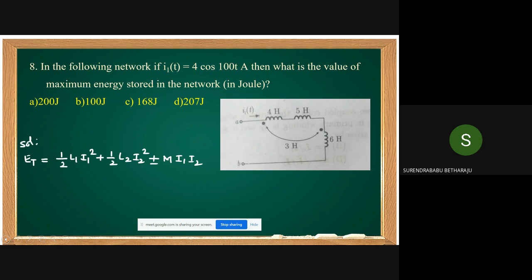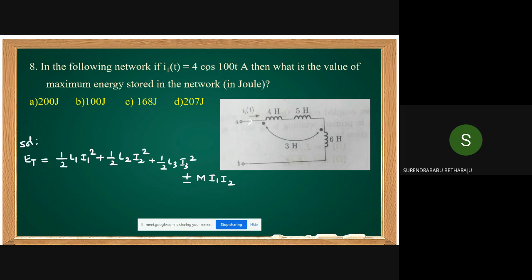But here 3 inductances are given. Then we can also write half L3 into I3 square. One more inductance also given. Plus or minus M into I1 into I2. Here only one current is given because it's a series connection.